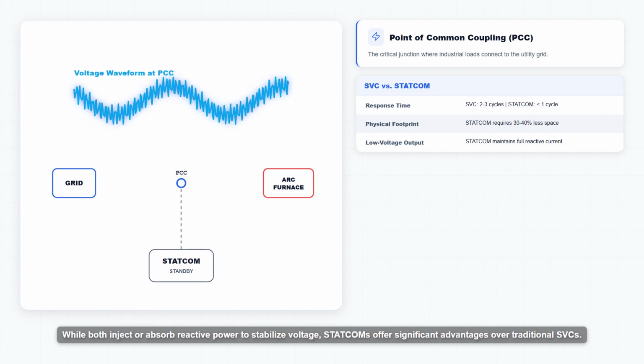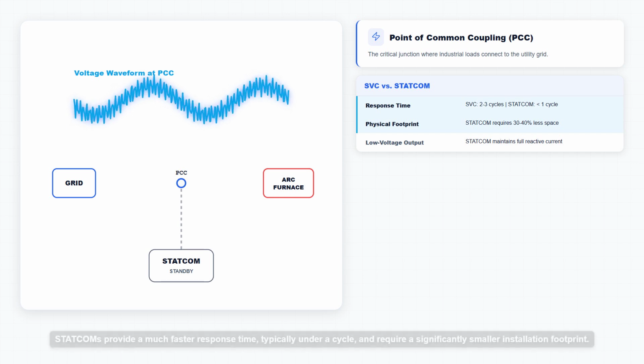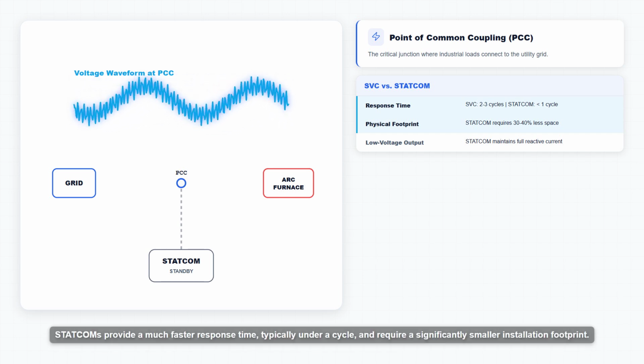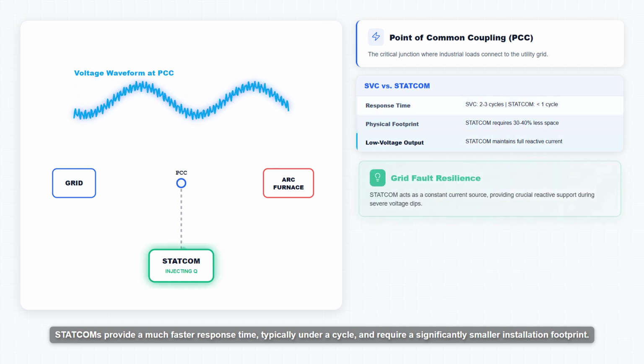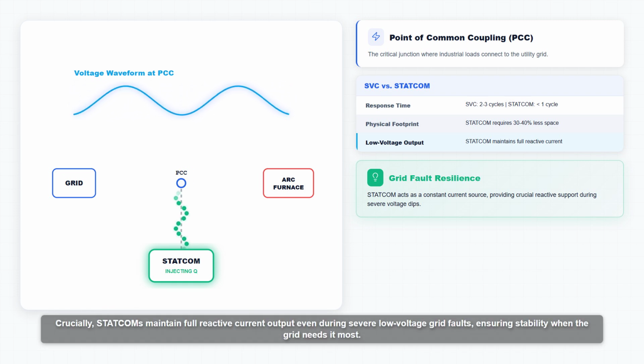While both inject or absorb reactive power to stabilize voltage, STATCOMs offer significant advantages over traditional SVCs. STATCOMs provide a much faster response time, typically under a cycle, and require a significantly smaller installation footprint. Crucially, STATCOMs maintain full reactive current output even during severe low voltage grid faults, ensuring stability when the grid needs it most.